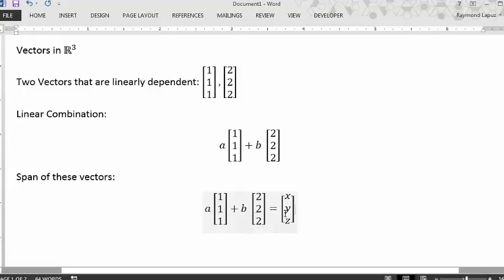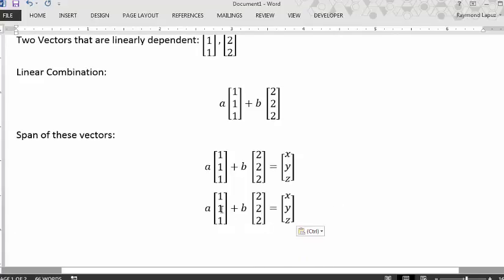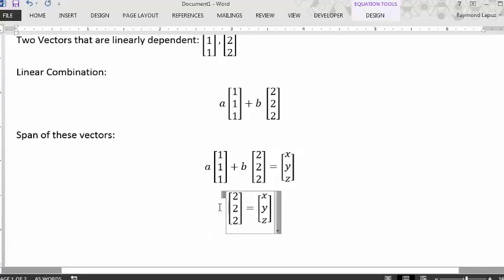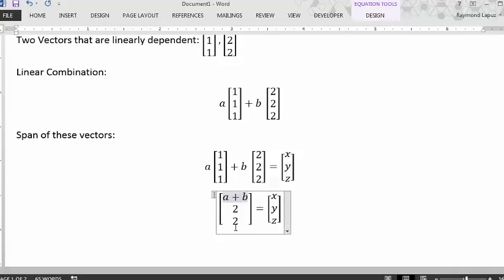Well, if we do the addition here on the left-hand side, what do we get? We have a plus b. So I'm going to rewrite this like this: a plus b, and then the second component will exactly be the same, a plus b, and the third component will exactly be the same, a plus b.